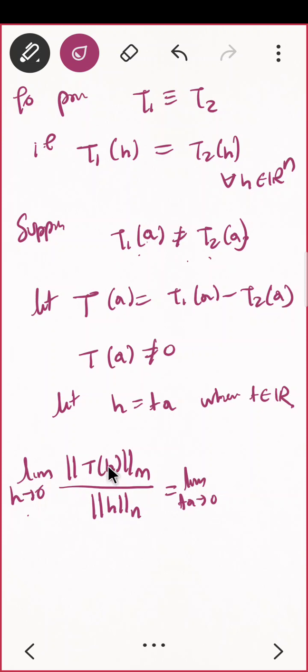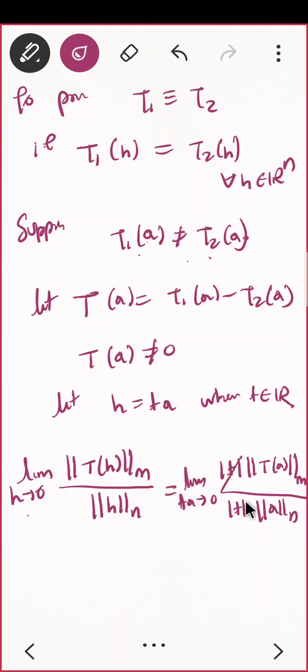Since it is a linear transformation, you can take t outside, correct? So if you take t outside, it will be mod t outside. Since it is a real number, mod t will be outside, and here it will be norm of t of e m upon, here also mod t will be outside, norm of e n.